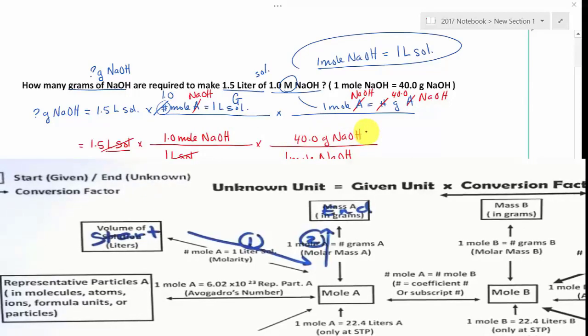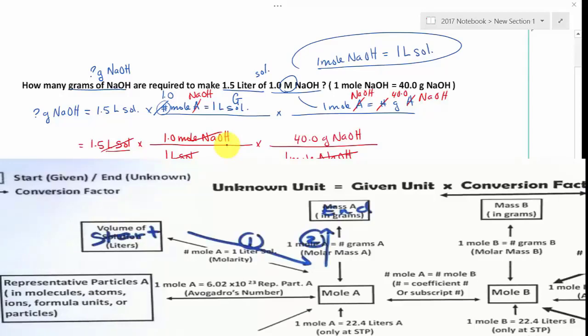And there you go. Isn't that easy? And the moles of NaOH cancel each other out. And what do we have in the end? Multiply everything on top, so 1.5 times 40.0 grams of NaOH divided by 1. But we can ignore the 1.